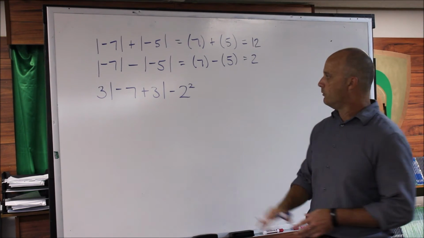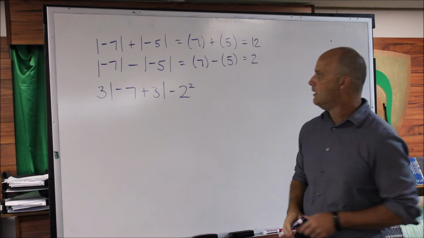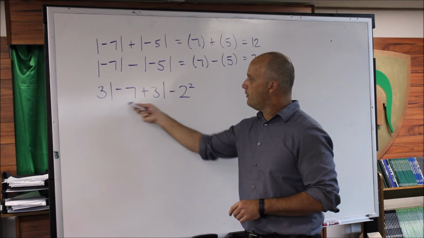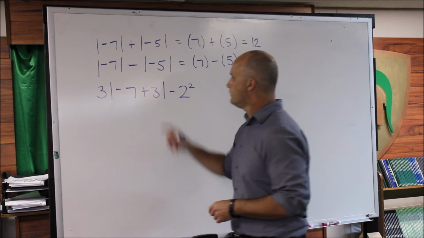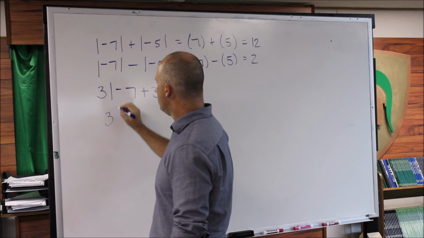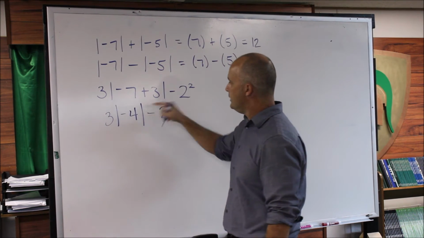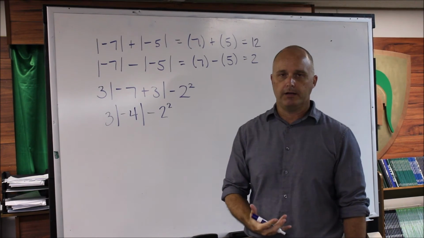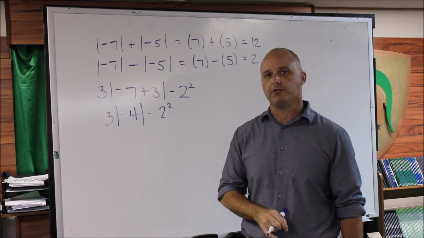And then finally, we're going to work a little bit more with a longer order of operations question here. So again, start with the inside of the absolute value. -7 plus 3 is -4. Now you don't want to go changing that -7 to a +7 because you've got to work whatever's inside of the absolute value first.